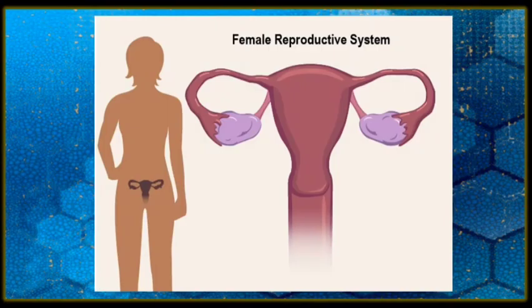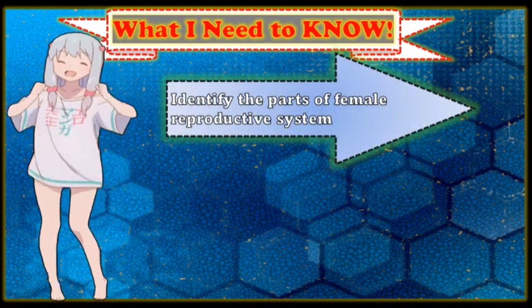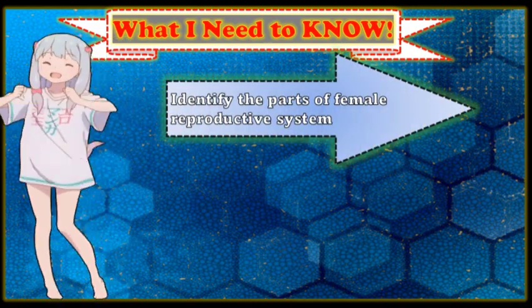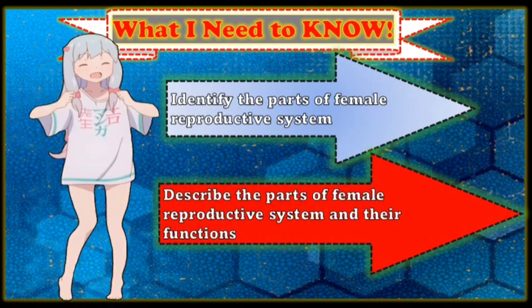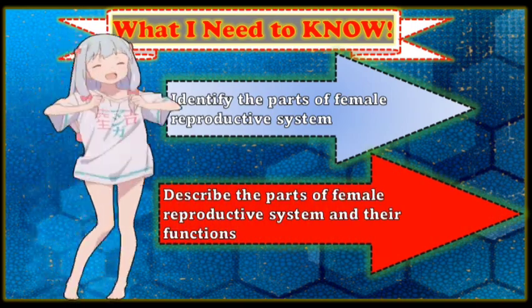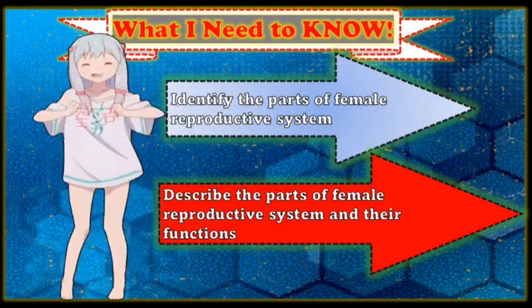So let's now move to another topic, which is the female reproductive system. At the end of this lesson, class, you are going to identify the parts of the female reproductive system, and describe the parts of the female reproductive system and their functions. We have important questions that need to be answered at the end of this lesson.